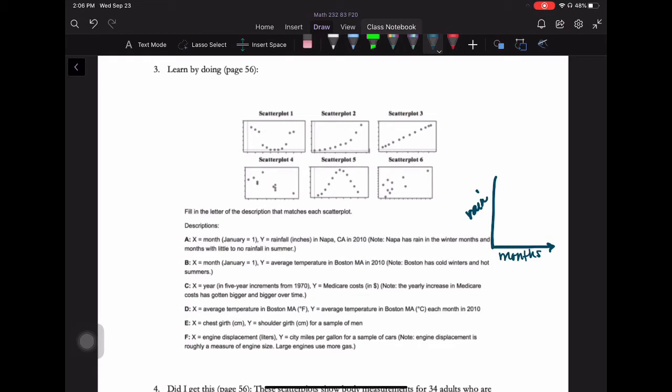Well, the summer would be in here if we're talking about on a number line being numbered 1, 2, whatever. And then we would also have winter in the later months. So we're looking for something that is low in here and higher up here, which would be scatter plot 1.